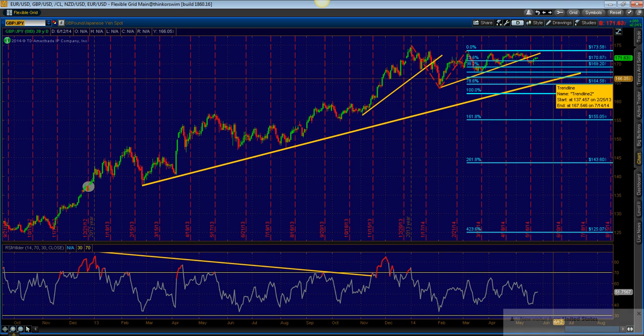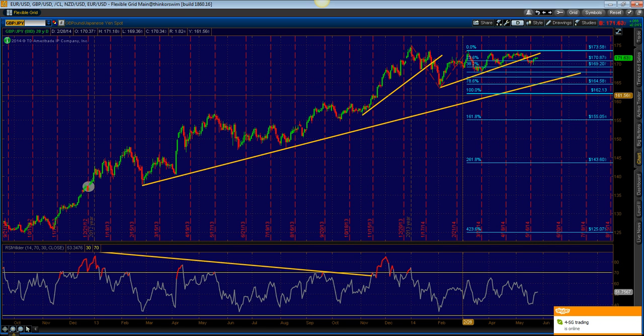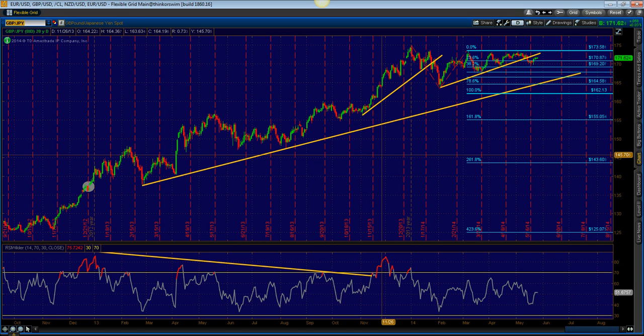That would give you a little bit over 400 pips. So we'll keep a close eye on the pound yen for a little bit higher to get short this pair, which will ideally match up with the pound dollar.